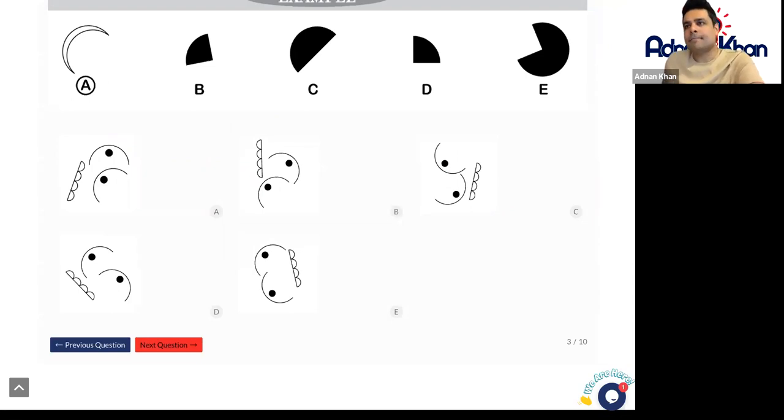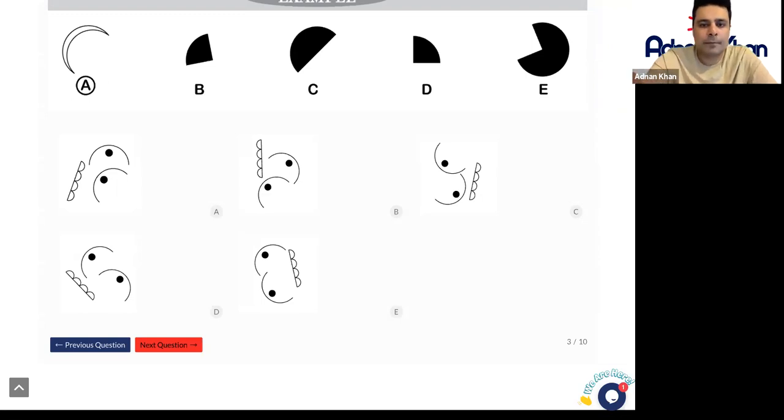Let's have a look at C. Okay, so if you look at the scallops, they are to the right-hand side of the line.